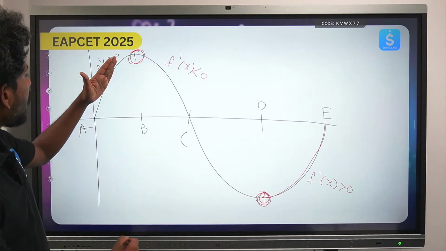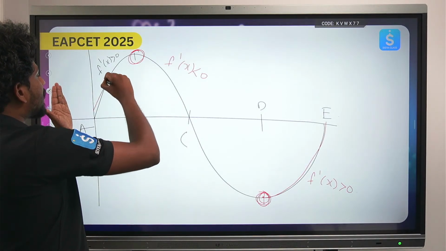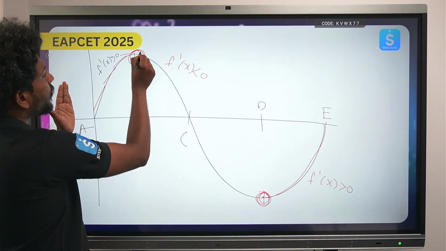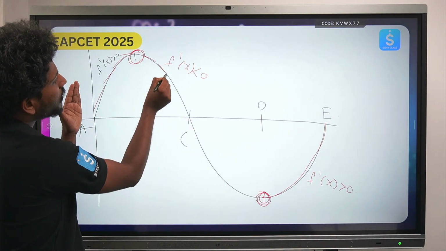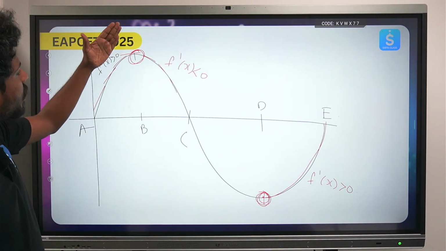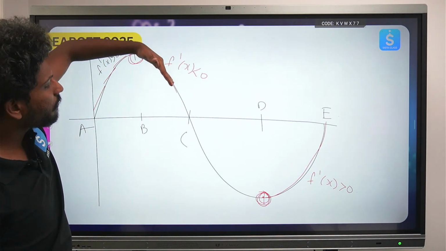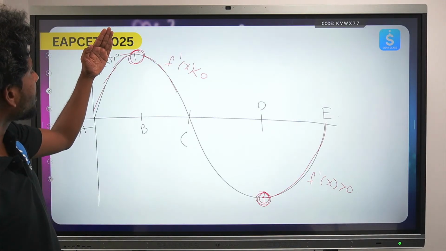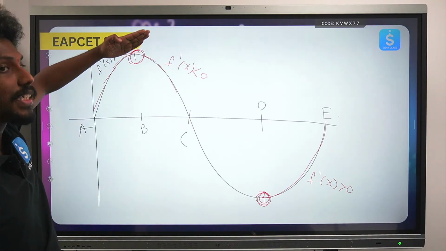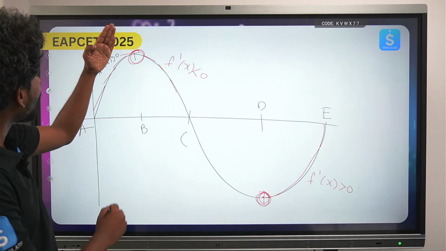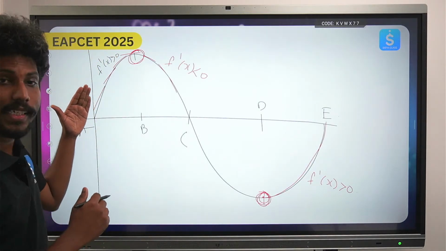Here, if I try to take the tangents at each and every point, what is happening to these tangents? Positive, positive, positive, positive, 0, and again negative, negative, negative. But if I try to see the rate of change of these tangents, let's analyze the angles.